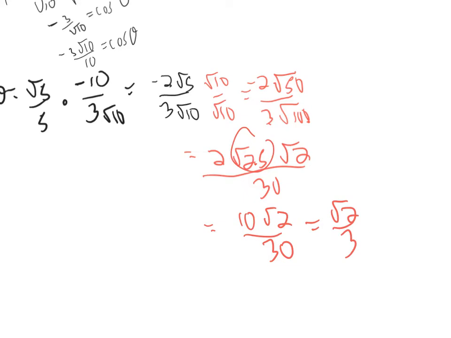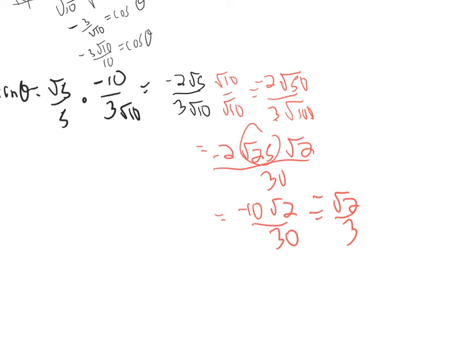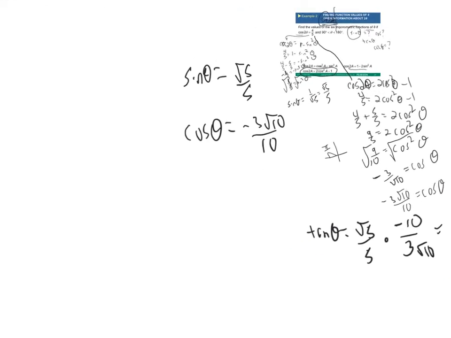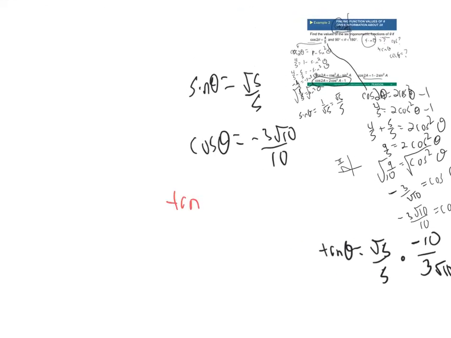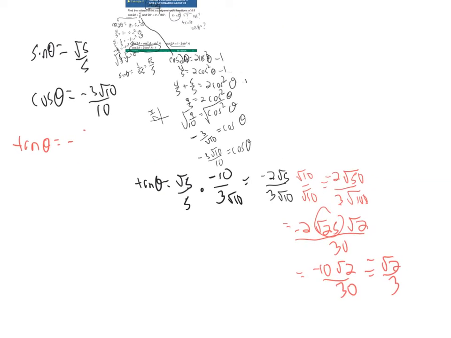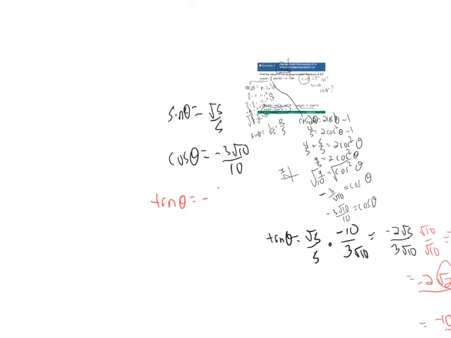Oh my gosh, did I lose my negative somewhere? I did. There should be a negative here, negative here, negative here. Negative square root of 2 over 3. So we put that answer up. Tangent of theta is negative square root of 2 over 3.